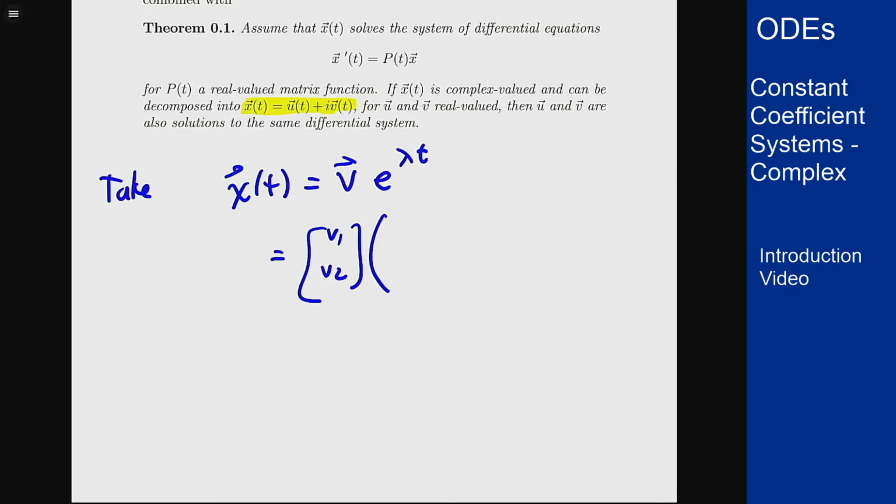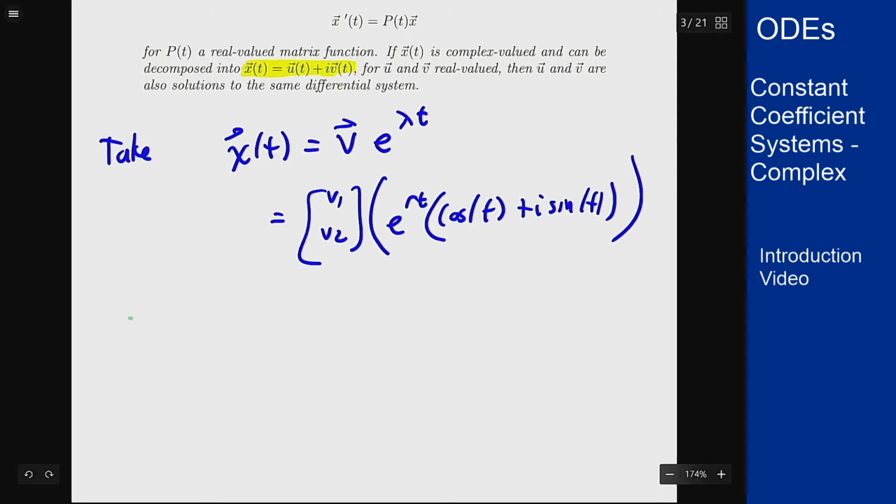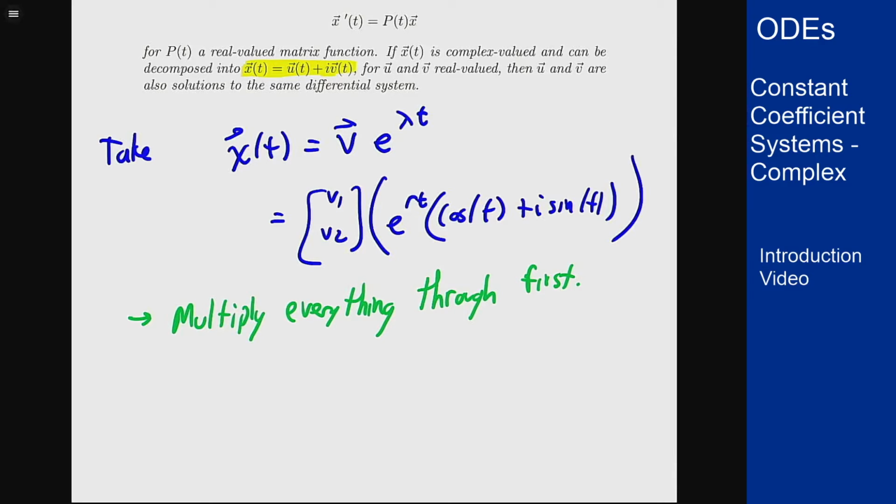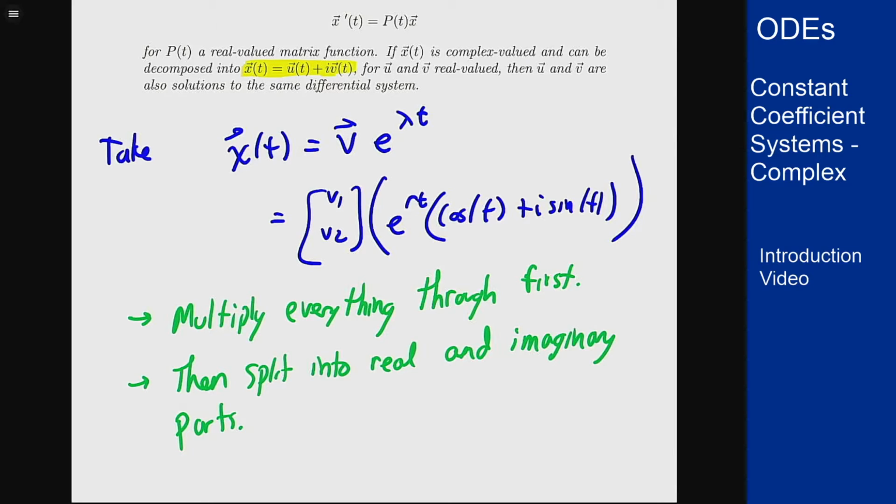It's going to be something like some exponential term in front, and then a cosine of t plus i sine t type of stuff. And I'm going to distribute everything through before I can split into real and imaginary parts and separate things out. So multiply everything through first, and then split into real and imaginary parts. That'll give us our two solutions, and since they will be linearly independent, they can fill in for the fact that I had two conjugate eigenvalues and corresponding eigenvectors for this problem.